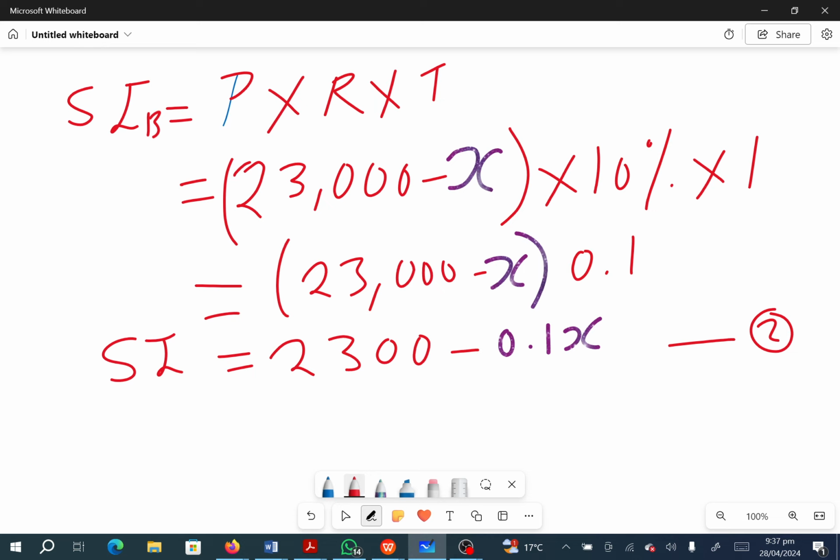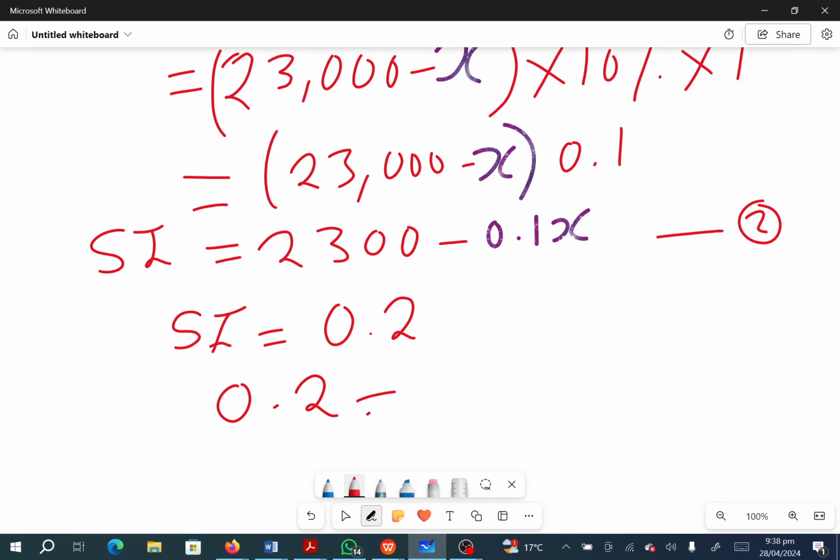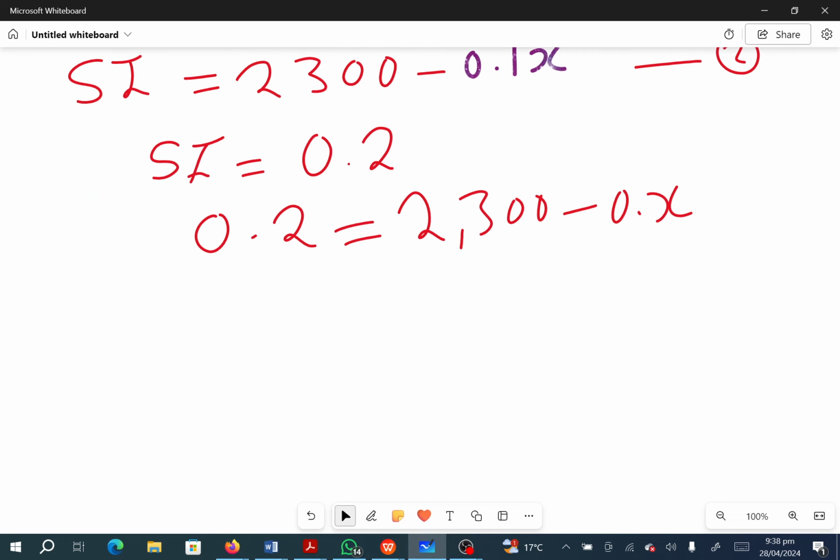Since SIA was equal to 0.2x, and this is the same amount which was being used in these two investments, we say 0.2x is equal to 2,300 minus 0.1x. Then we shall solve for x.